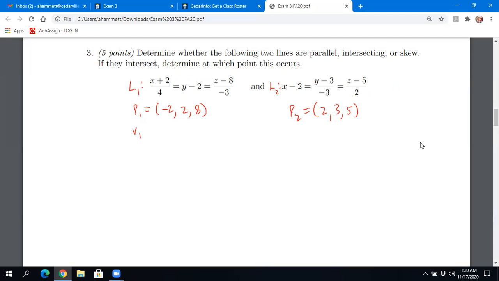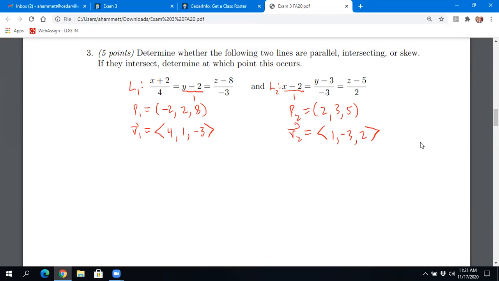Now a direction vector for the first line is gotten by looking at the denominators of these things. And some of you forgot that it's not a 0 down here, it's a 1, yes? And there's a 1 right here. So a direction vector for the first line would be 4, 1, -3. A direction vector for the second line is 1, -3, 2.